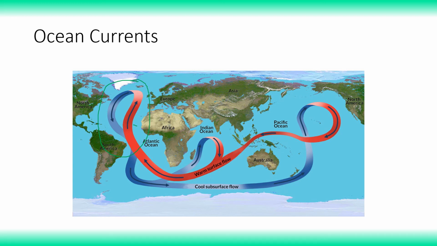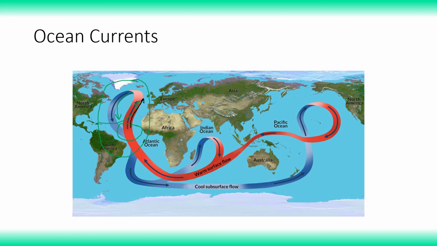So basically we've got warm ocean waters here in the red that come up from the Atlantic and from the Gulf of Mexico, and they move up this way towards northern Europe, and then the warmer waters there that have just come from the tropics create a more moderate kind of climate for Scandinavia and for the UK and places like that, and then that water sinks and cools and comes back down.